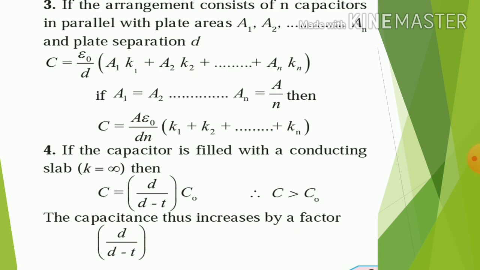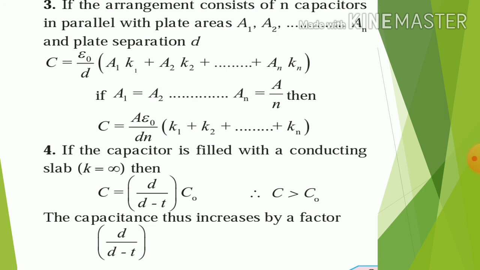Now we study the fourth special case. In this case, we consider that the capacitor is filled with a conducting slab, that is, the dielectric constant small k equal to infinity.